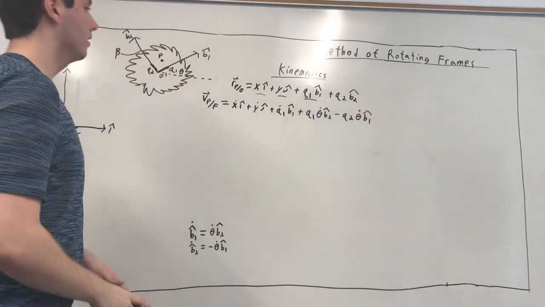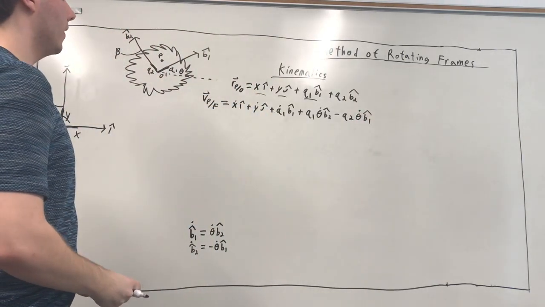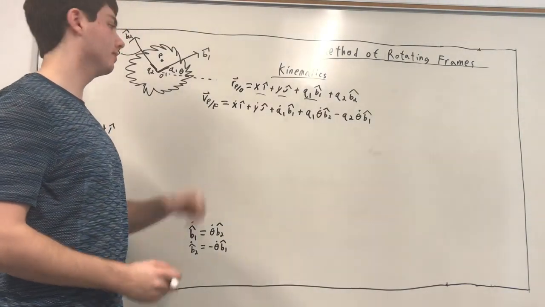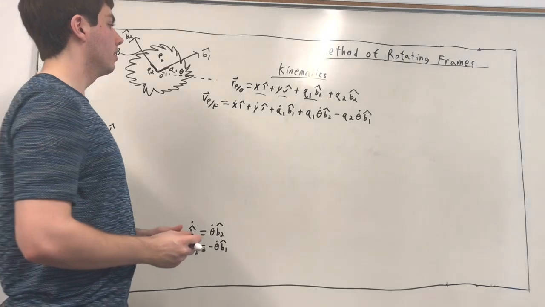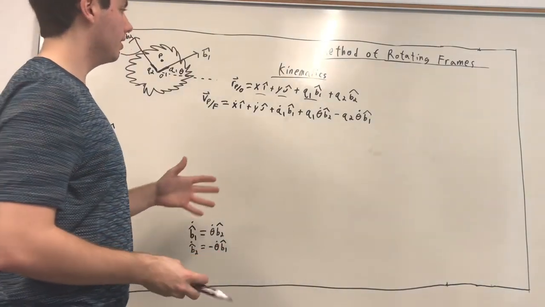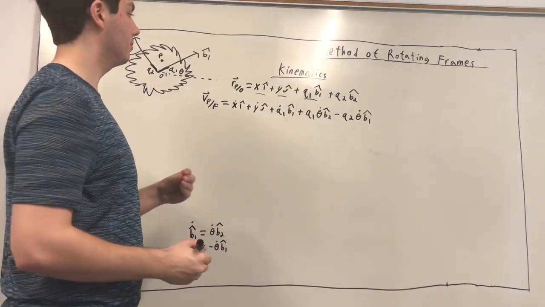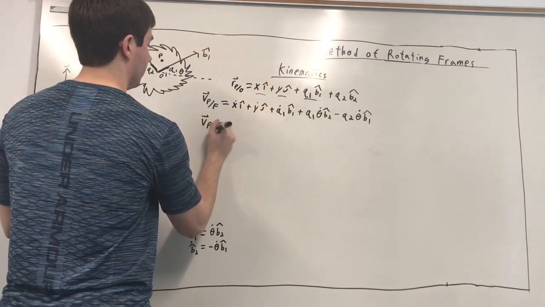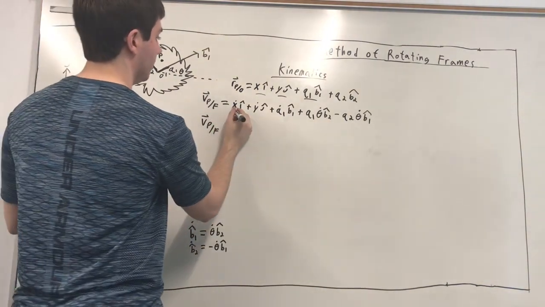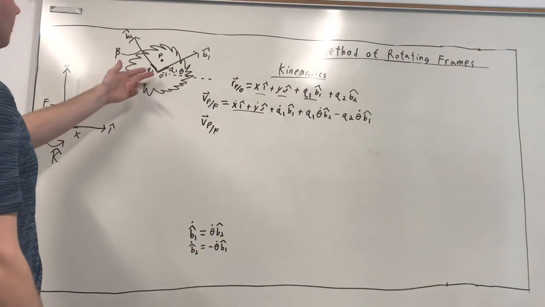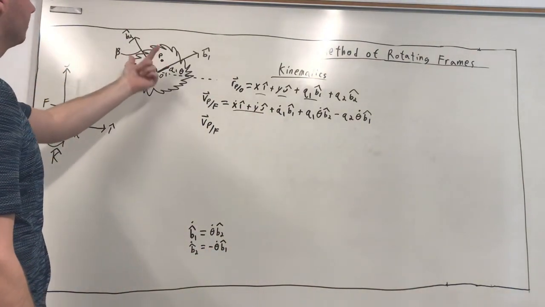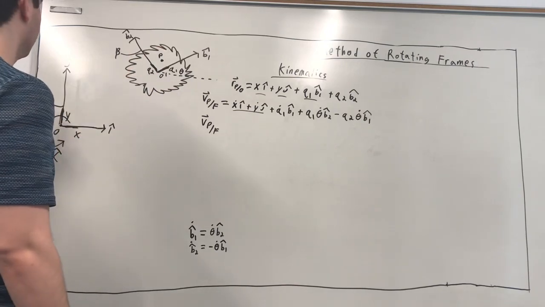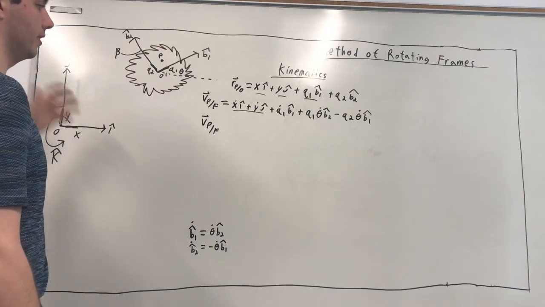All right, so now I'm going to show how this becomes the three-term acceleration formula. It's a little bit complicated, but I'll do my best to explain it. So v of p with respect to the fixed frame, this will give you the velocity of the moving frame O prime relative to O, or the fixed frame.